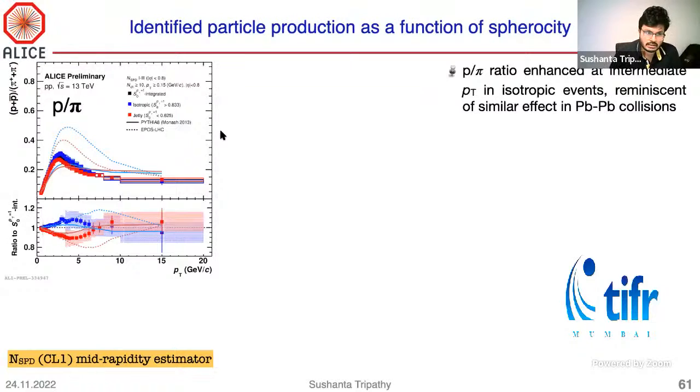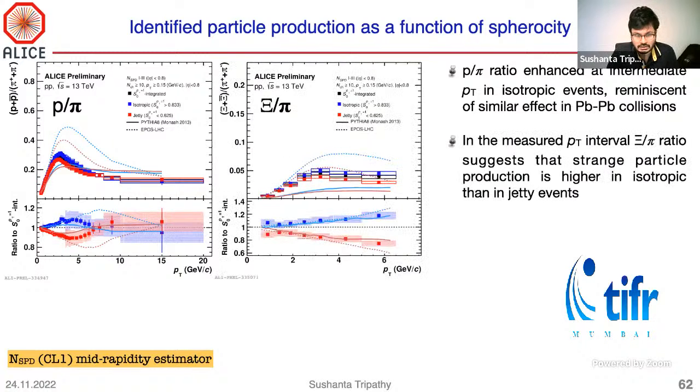As you can see, the p over π ratio is enhanced in the intermediate pT in the isotropic events compared to the jetty ones, which is reminiscent of a similar effect observed in heavy-ion collisions. For Xi, we cannot go very far in pT. But in the measured interval, we see that the strange particle production is higher in isotropic events than in the jetty events.